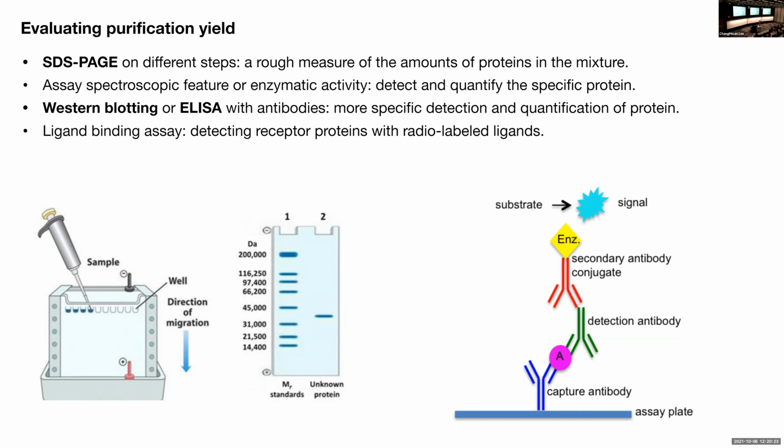And for purification yields, you can use many different methods here, which are all important. SDS-PAGE, gel electrophoresis, basically, to separate the DNA fragments based on what? Size. And there are assay-based ones looking at the activities: Western blots, ELISA, ligand binding assays, and so on.